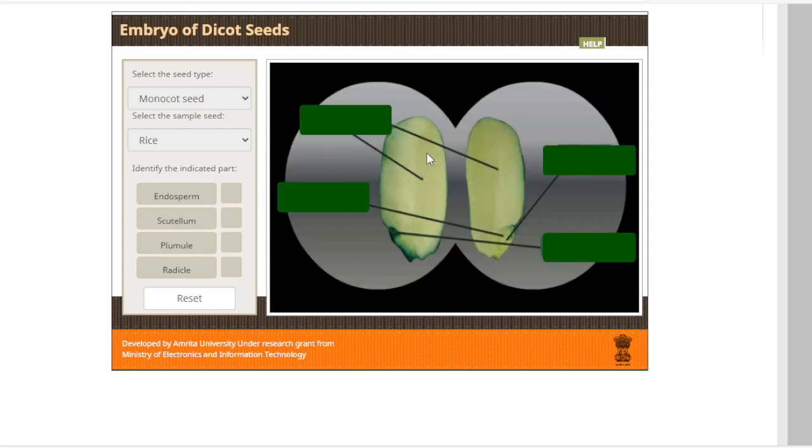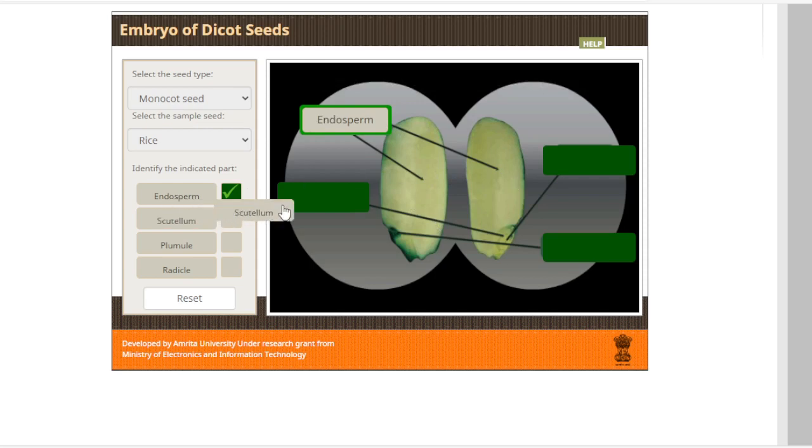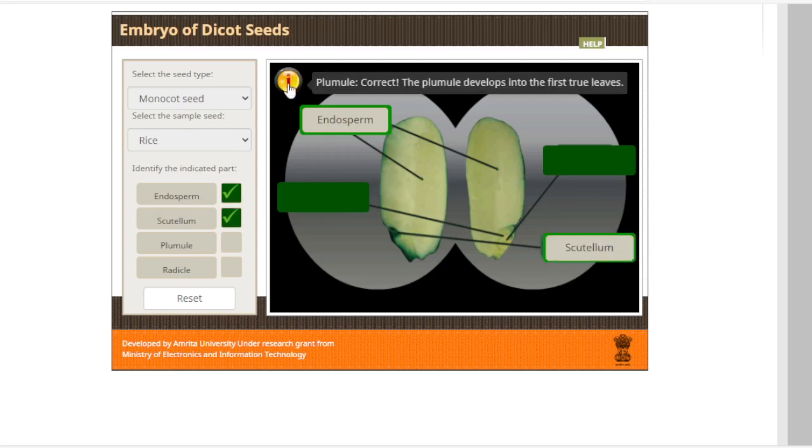So this is the rice seed, remember? So this, right? जहाँ पर हमारा जो है कोटिलेडन हुआ करता था, तो उस जगह पर यहाँ पर क्या है मौजूद? यहाँ पर एंडोस्पर्म मौजूद है वहाँ पर, राइट? Scutellum, right?